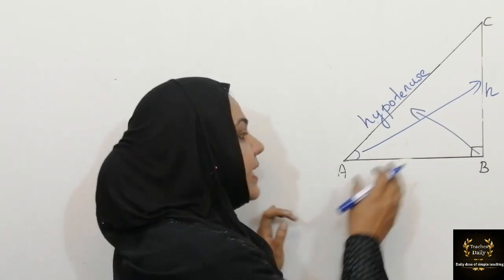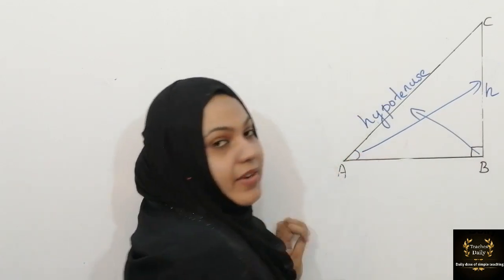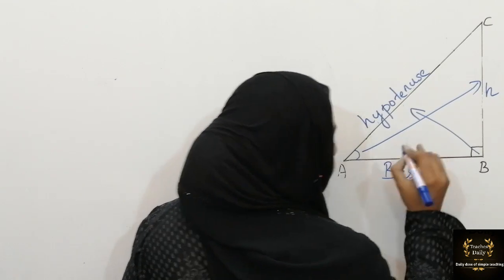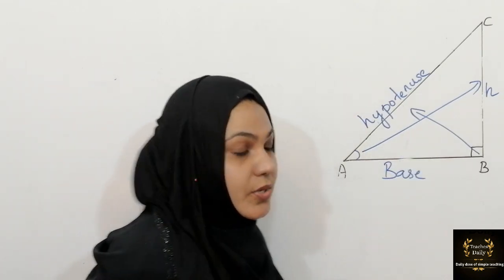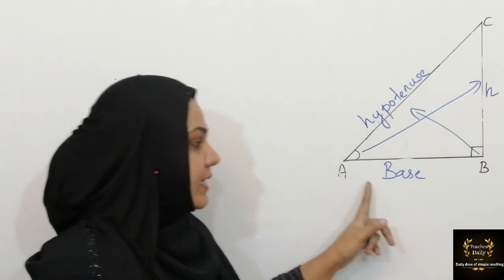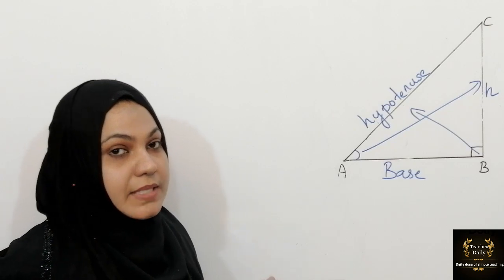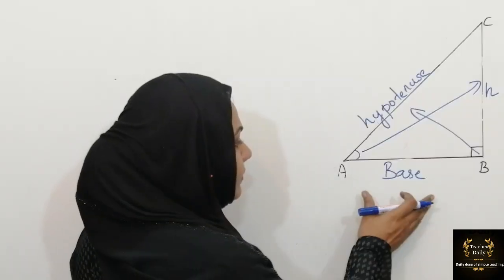That is the side which contains 90 degree and the reference angle, called base. Don't confuse, because for finding trigonometric ratios we need to find what is base, what is hypotenuse, what is height. If you make a mistake in these reference angles, you will lose the mark.